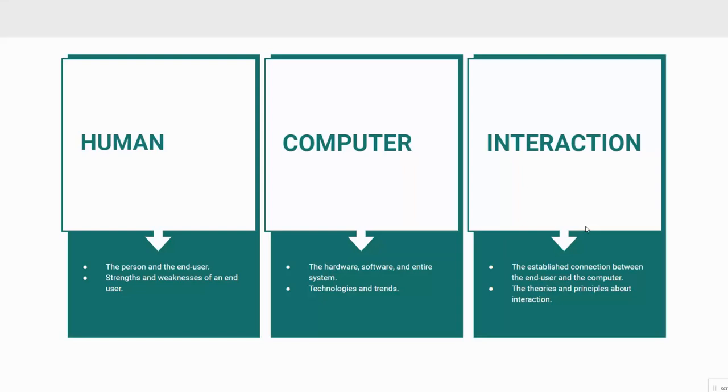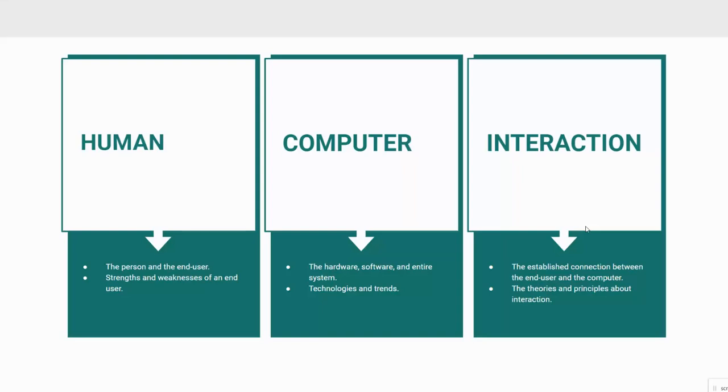And the second element, if you break the term down into sub-elements, we come up with computer, and you have already completed your course Introduction to Computing. In this case, we will talk about the trends, the technologies, and how computers can work with the strengths and weaknesses of a human being so that the end user will find your product useful and effective to use.